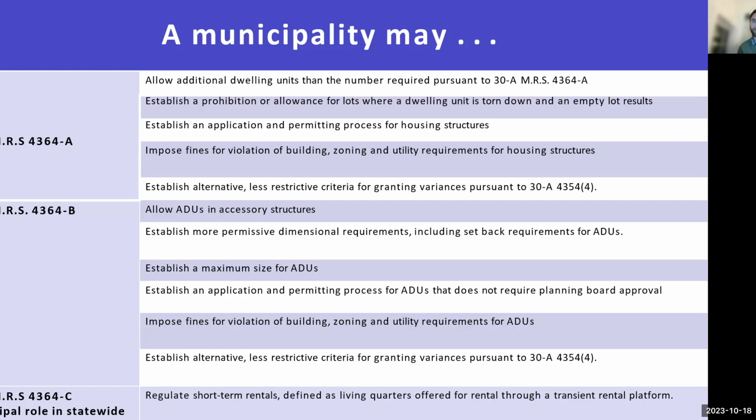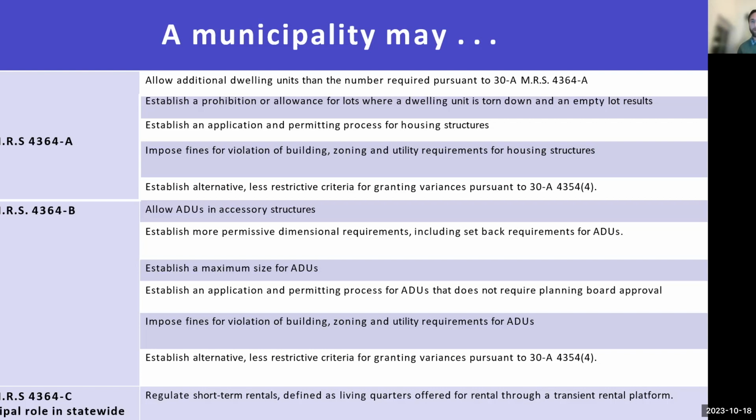But generally speaking, a community could choose to be more permissive than any of the statutes, so allowing more density or more development than what state statute is requiring. You could establish permitting processes or violations and fines for any of the 3 statutes and any of the provisions related to those statutes.